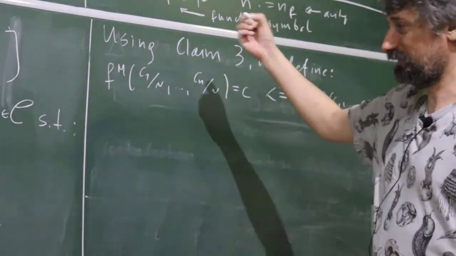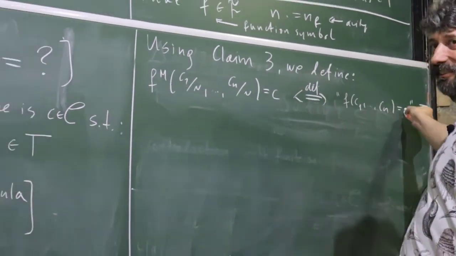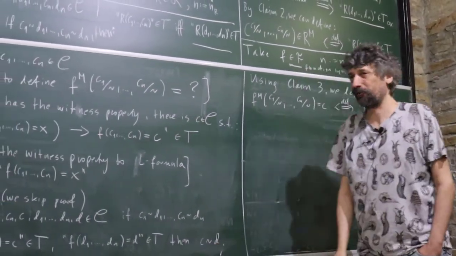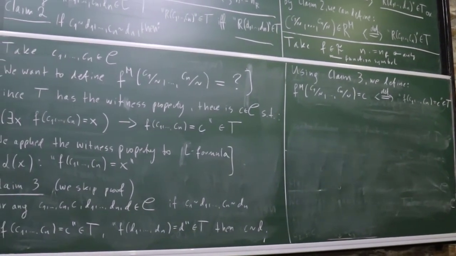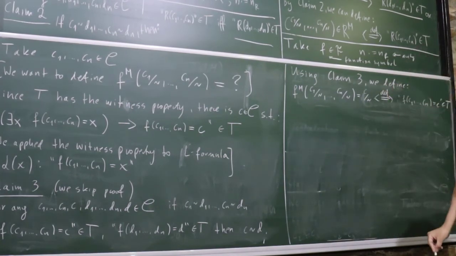We need a value. By the witness property, there are such C's here, and by claim 3 they are equivalent. C is not an element, by the way. Mistake, sorry.